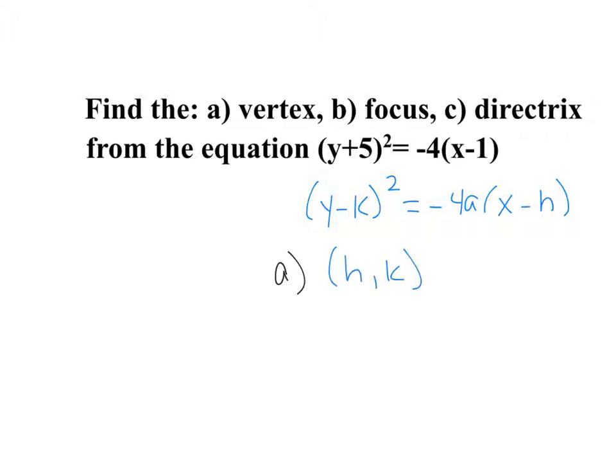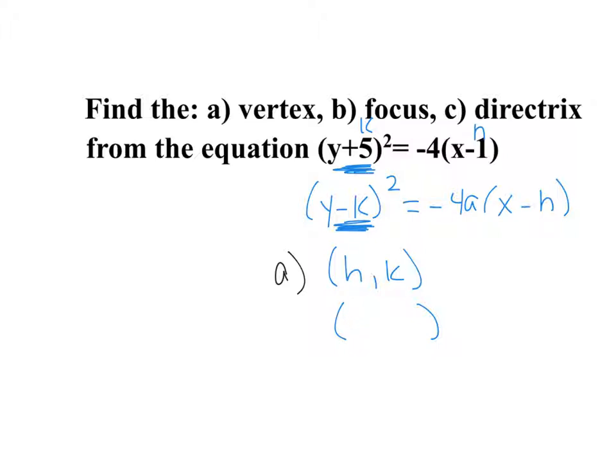And looking at this, my k is in the 5 place and my h is in the -1. When you put it inside the parentheses, you will change the sign of the h and the k, because if you notice inside the formula, it's negative. So this is +5. To get a +5, there had to be a -5 in there because this is negative already. So it's -5, and that's actually the y value. So let me fix that. That's actually our y value.